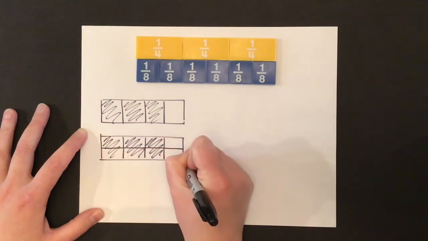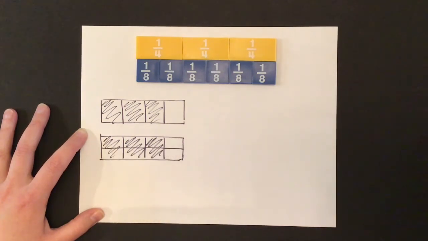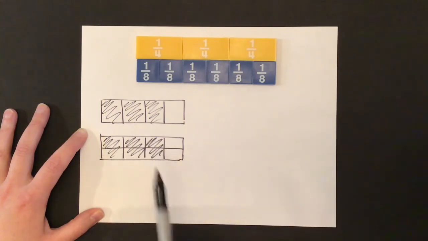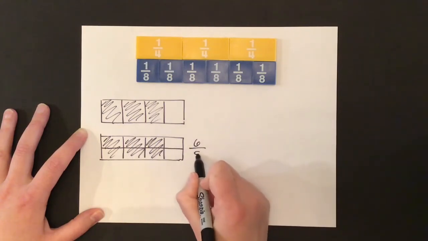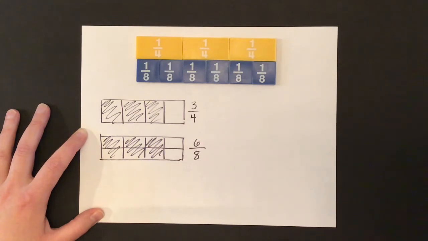So now I've changed the size of the pieces and I've also doubled the amount. So you can see that we've got 1, 2, 3, 4, 5, 6 pieces now out of 8, which matches what my fraction bars show.